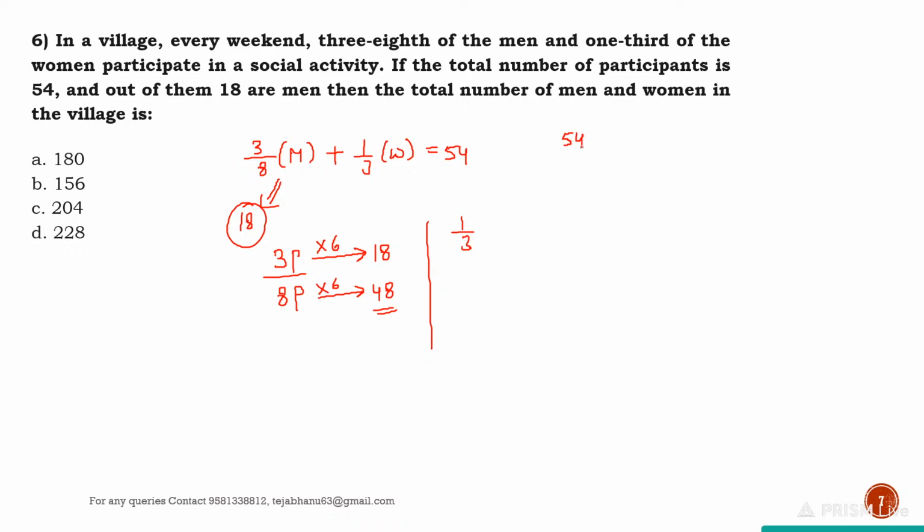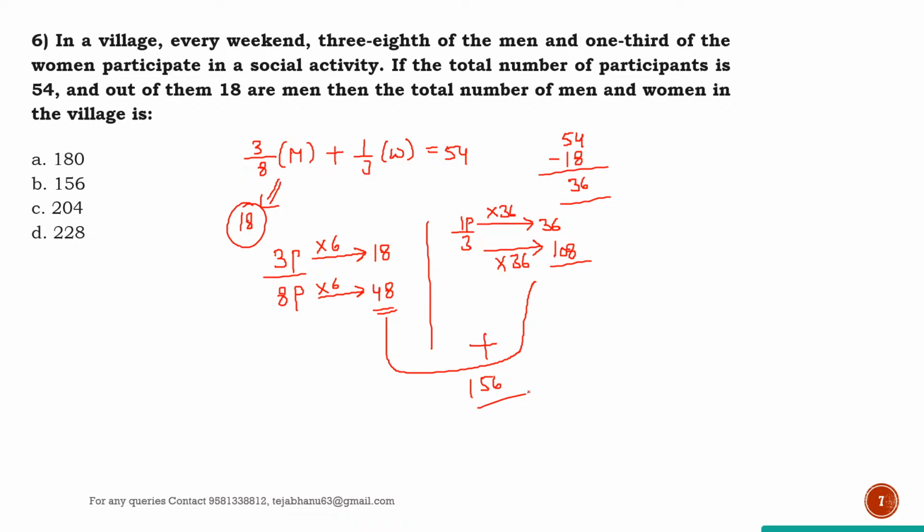Out of 54, 18 are men, right? So subtract it, you'll get 36. So 1 part is 36, that is the multiplication factor is 36. Then 3 parts, 3 into 36, is 108. So 48 plus 108 is 156. The total strength of the village is 156. I hope it's clear.